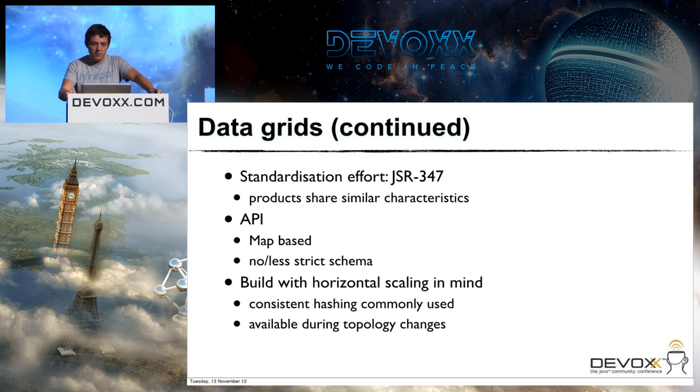A few other things: consistent hashing is a technique commonly used for scaling. And also, data grids have high availability in the sense that when a node joins or leaves, the user can still connect with the grid, and there's no stop the world happening.